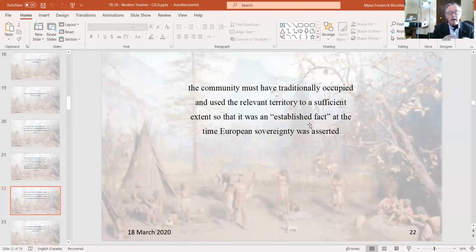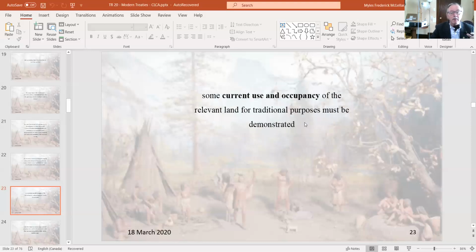The community, in establishing its occupation, basically has to show that it is an established historical fact that they were there at the time of European sovereignty, so at the time of contact, which again is the same test that all Indigenous groups have to put in place when they are protecting their rights if those rights are being questioned or contested by somebody else, most particularly a government body.